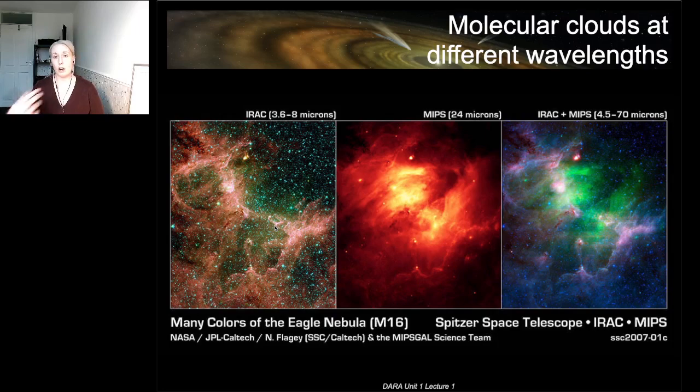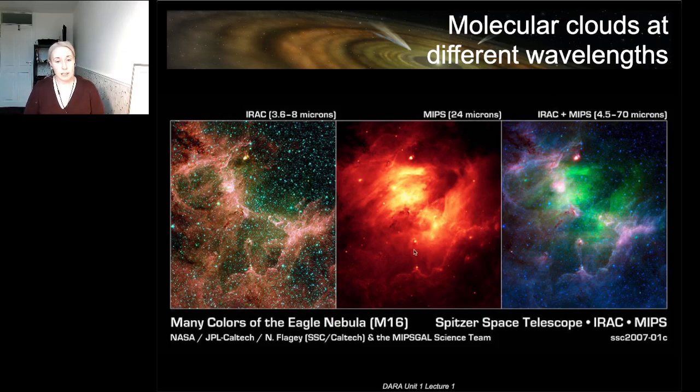Instead of seeing dark regions where the clouds are obscuring the light from background stars, these regions start to become bright, because what we're looking at is the thermal emission coming from the dust grains sitting in these dense molecular regions. As we go up in wavelengths, we're starting to probe colder and cooler material.